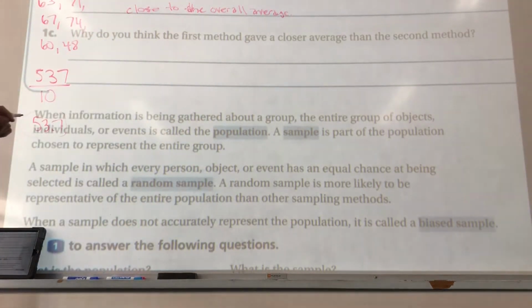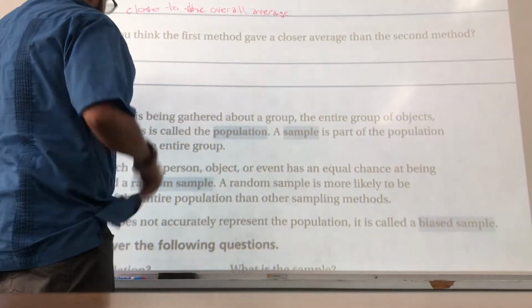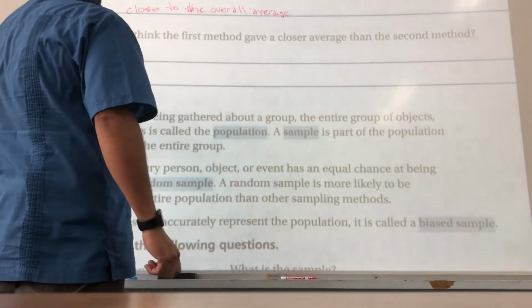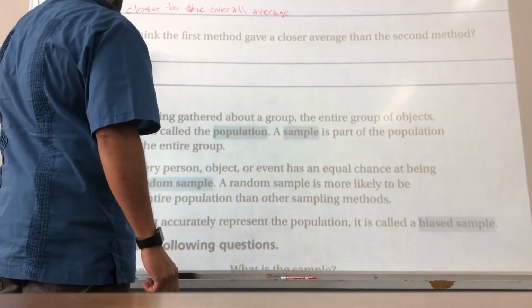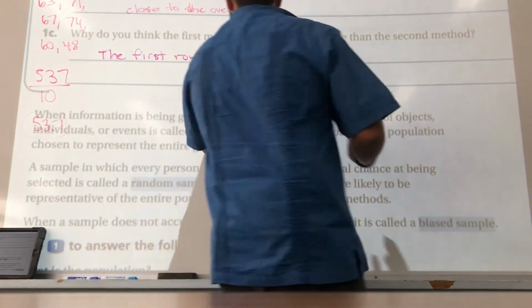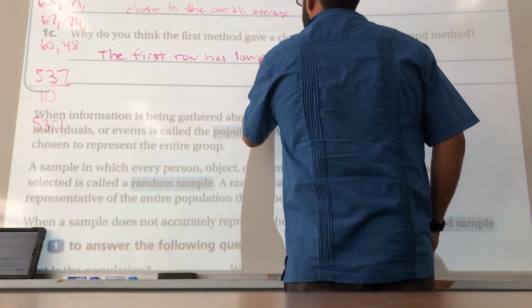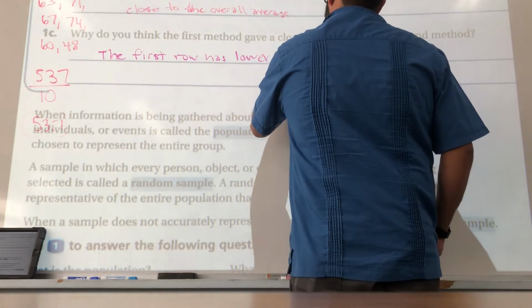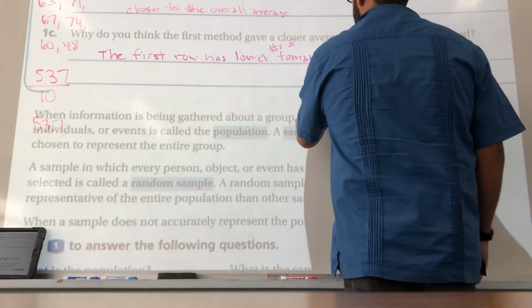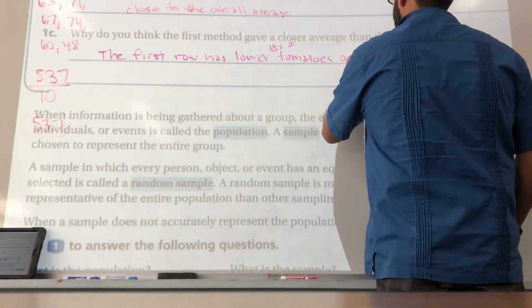Why do you think the second method gave a closer average than the first method? I've got to change markers now. The first row has lower numbers of tomatoes overall.